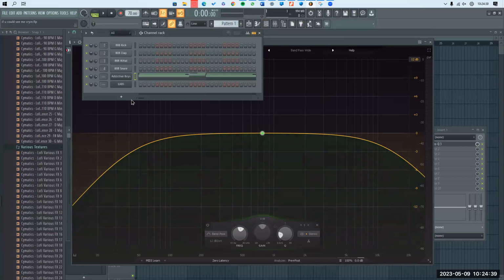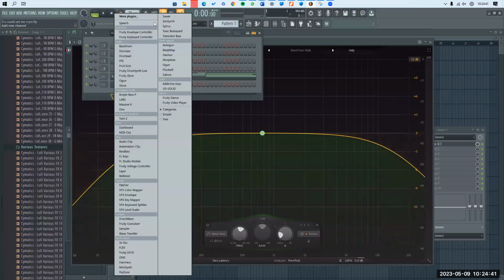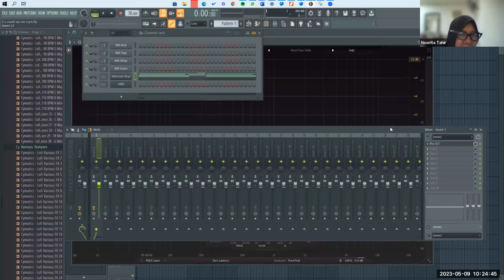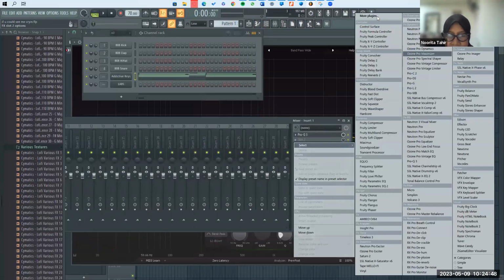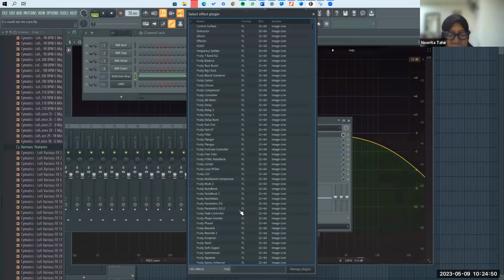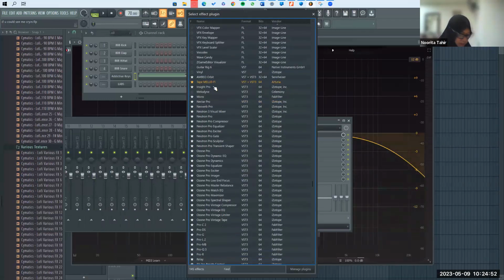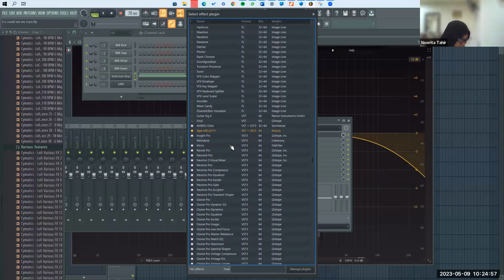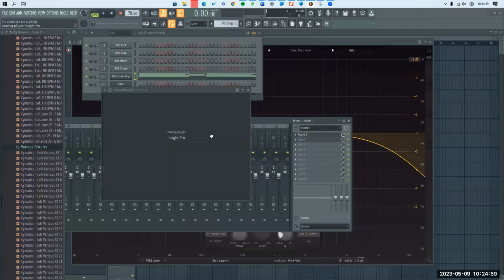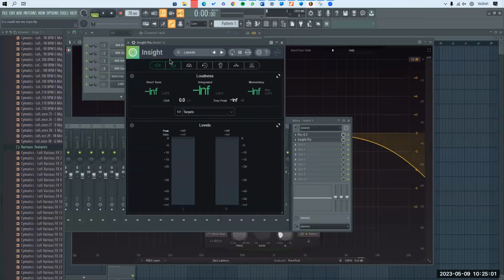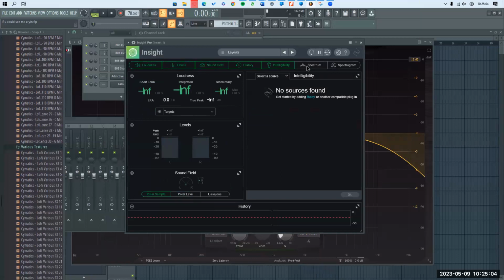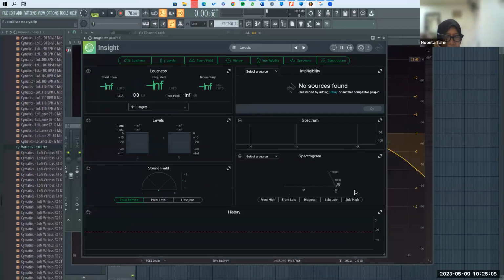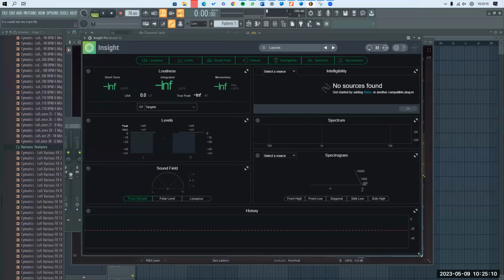I'm using an external plugin like this. Insight Pro. This is the plugin that lets us see how much frequency we have already cut from the bandpass.